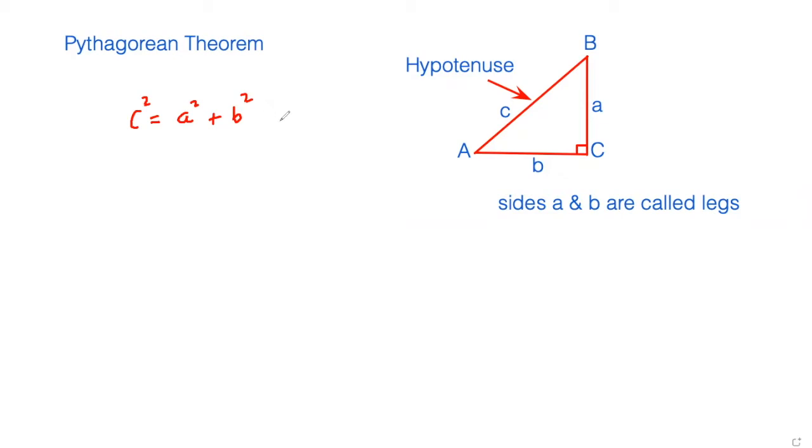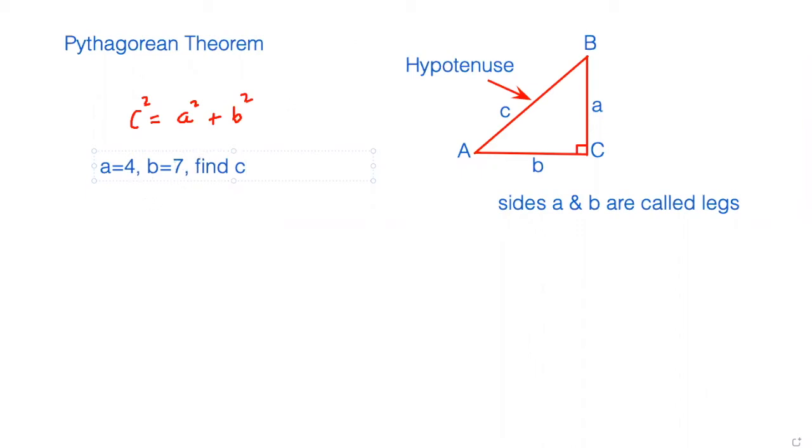So let's do an example, where a is given as 4 and b is 7. We are asked to find the value of c. This is pretty simple. You have to plug the values of a and b into the formula to find c.